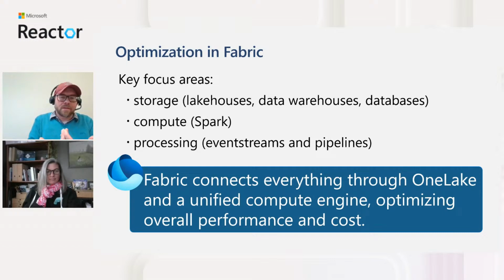Compute is mainly Spark. So if you spin up a Spark cluster and if you run Spark notebooks with Python code in it, with R code in it, this is another thing that can be optimized, and for sure processing. So what we have is, for example, event streams, pipelines, and in all of these areas, we can think about how to optimize stuff, right?